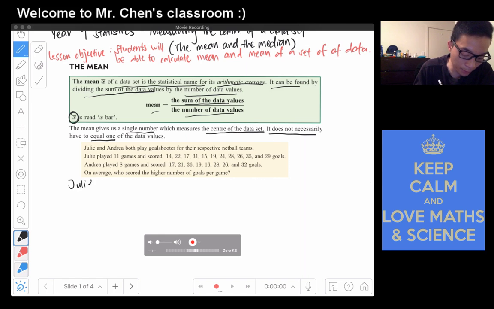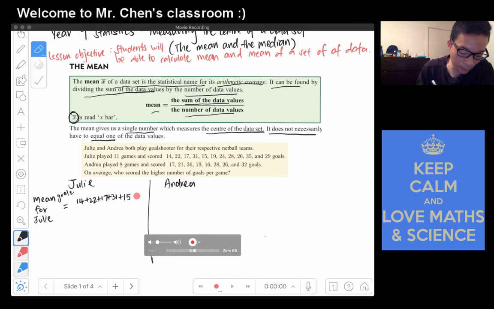So we will start with Julie and Andrea. Mean goals for Julie: you have to add up all of them, like I said, the sum of data values. I'm just going to do Andrea at the bottom to not run out of space.